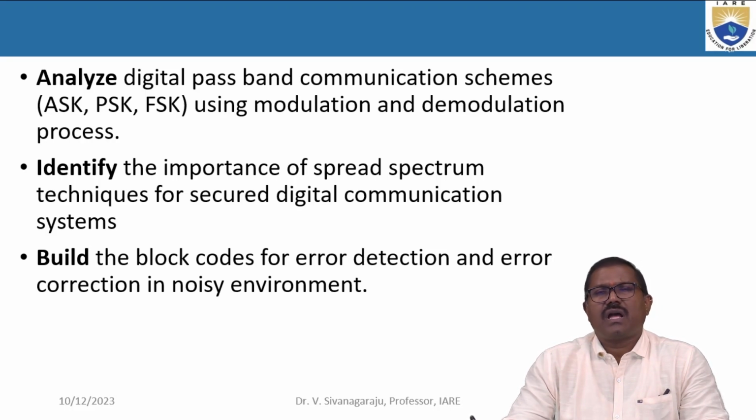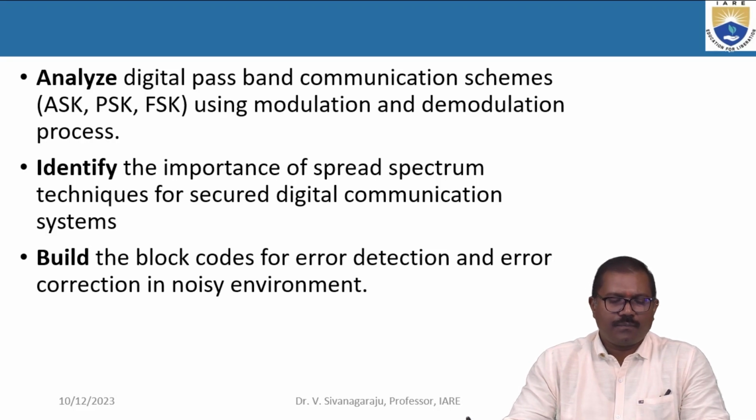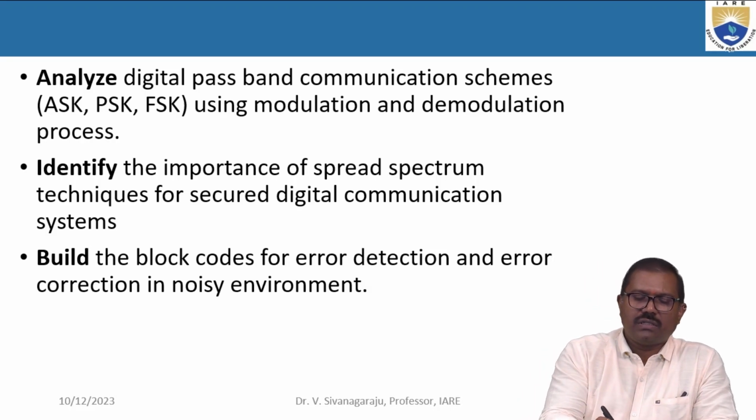The fifth one is to identify the importance of spread spectrum techniques for secure digital communication systems. And the last one is to build block codes for error detection and error correction in noisy environments.